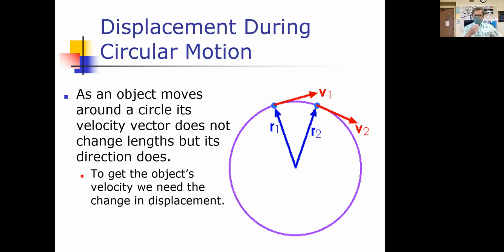And so the overall displacement is going to be zero. So instead, we're going to talk about the displacement in terms of an arc that it sweeps out. And we can approximate that arc with a straight line, but make sure you understand that that straight line is only an approximation as we go through this. Okay. All right.